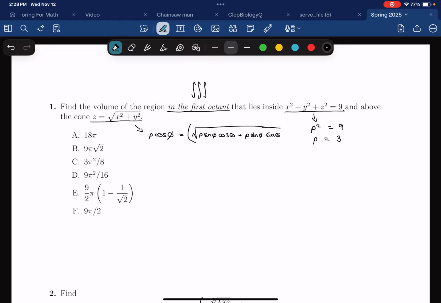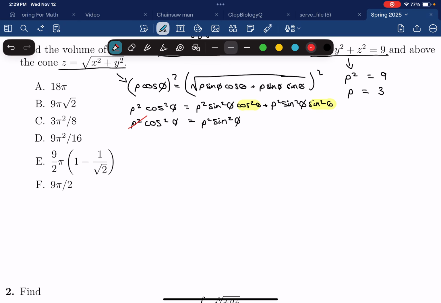So we square both sides, which gets us rho squared cosine squared phi equal to rho squared sine squared phi cosine squared theta plus rho squared sine squared phi sine squared theta. We can just use our already known trig identities to turn the cosine squared theta and the sine squared theta into a 1. So we just get left with rho squared cosine squared phi equal to rho squared sine squared phi.